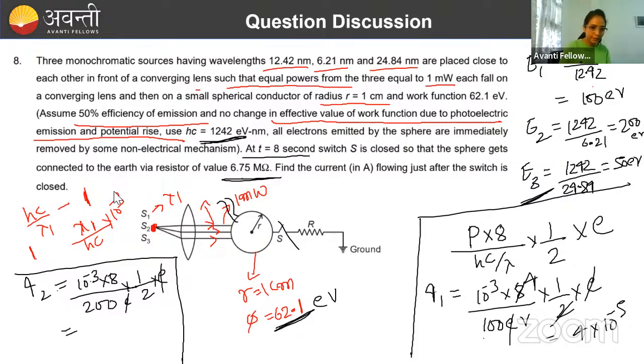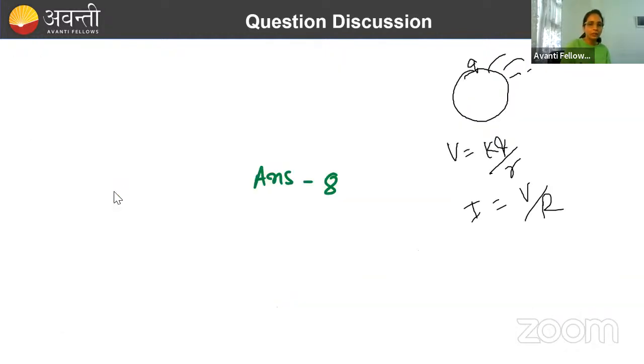No need to deal with that. Now what will be the value here? 2, 4, 2, 2. How much value we are going to get? 2 into 10 to the power minus 5. Am I correct? Yes. So how many total charges are there? 6 into 10 to the power minus 5. So total charge is 6 into 10 to the power minus 5.